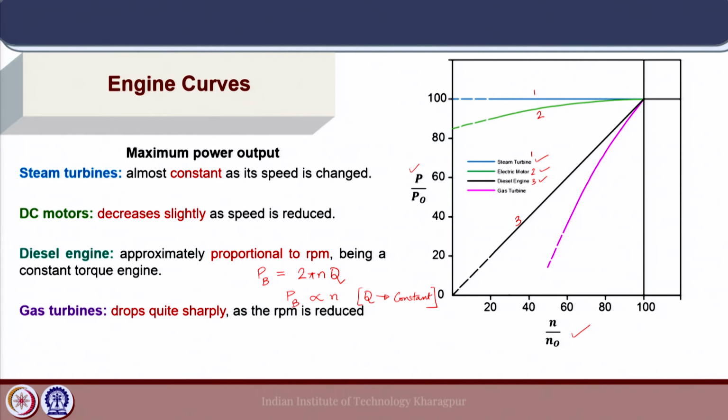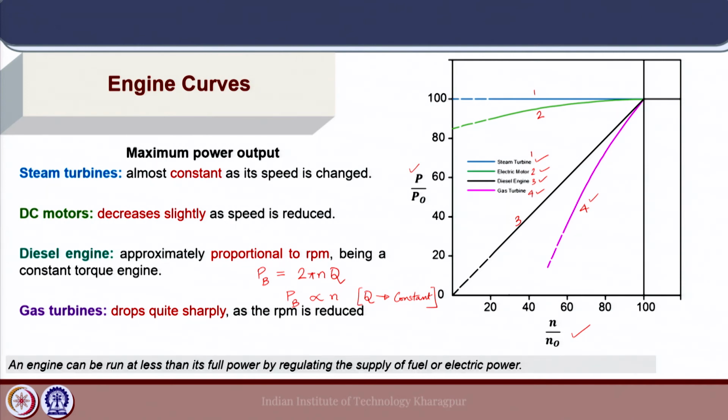And for gas turbines, it is observed that the power drops quite sharply, number 4 here, as the RPM is reduced. So, depending on the type of engine, the power dependence on the RPM will vary. Again, in this particular course, we will concentrate only on the matching of engine and propeller for the diesel engine.